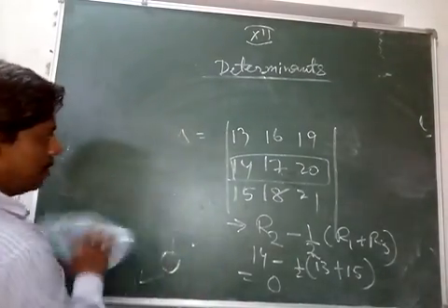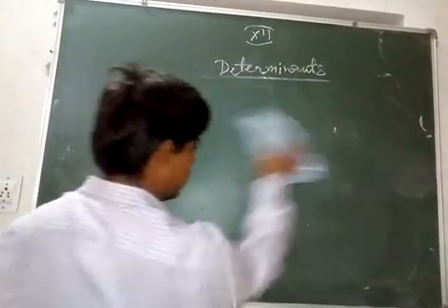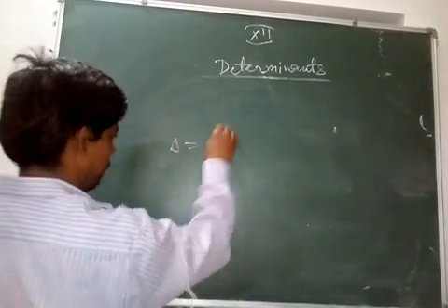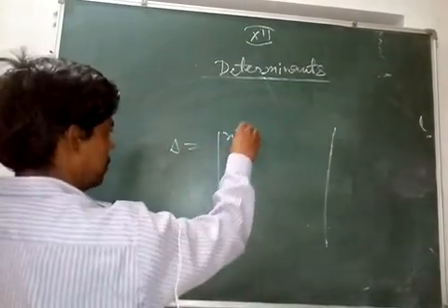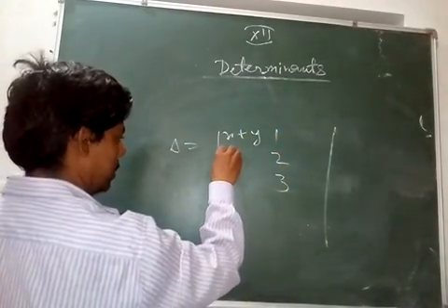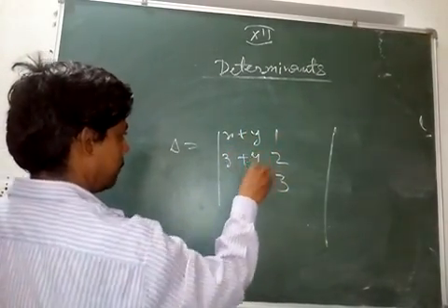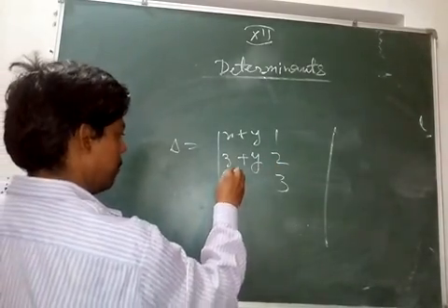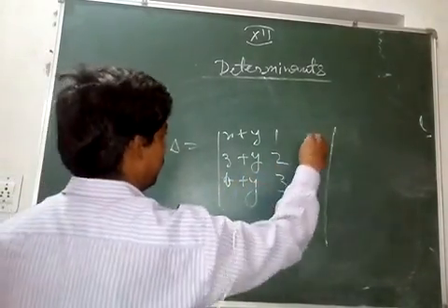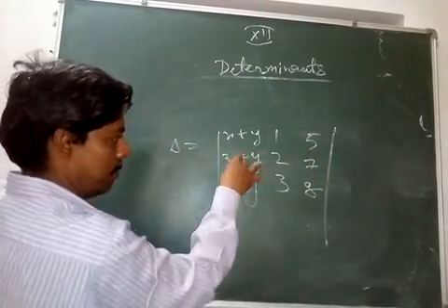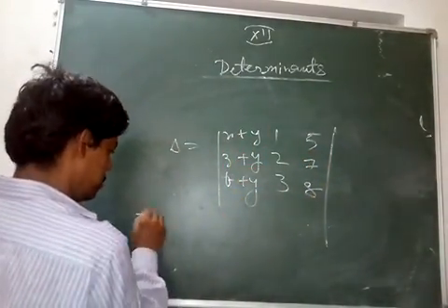Another one is you can split a determinant into 2 or 3 parts. Two parts like this. See, suppose you have a determinant like this: x plus y 1 2 3, z plus y, and say b plus y 5 7 8. Now this is the first column. First column has a sum, so you can make it as two determinants.